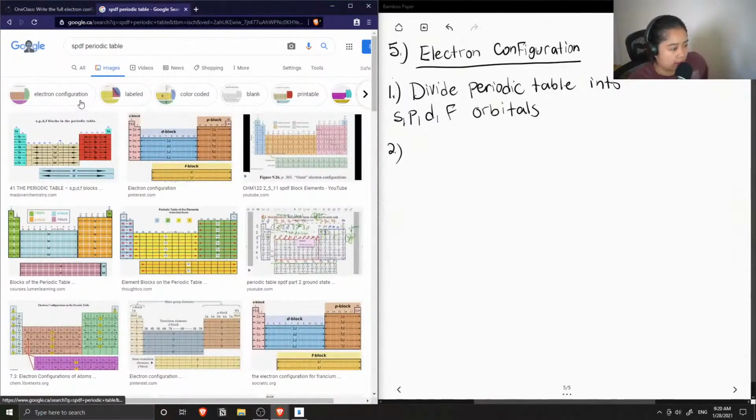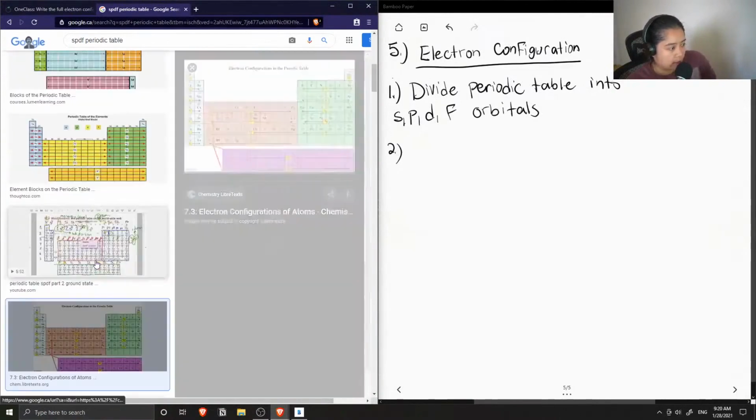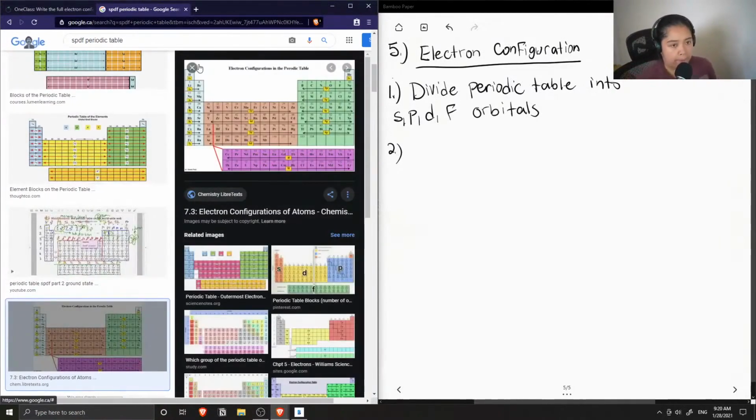You kind of get something that looks like this. You can see the first two columns is the S block in the light blue. And this green section is called the P block. And then the middle transition metals is the D block. And then finally, the bottom two rows, the lanthanides and actinides, is the F block.